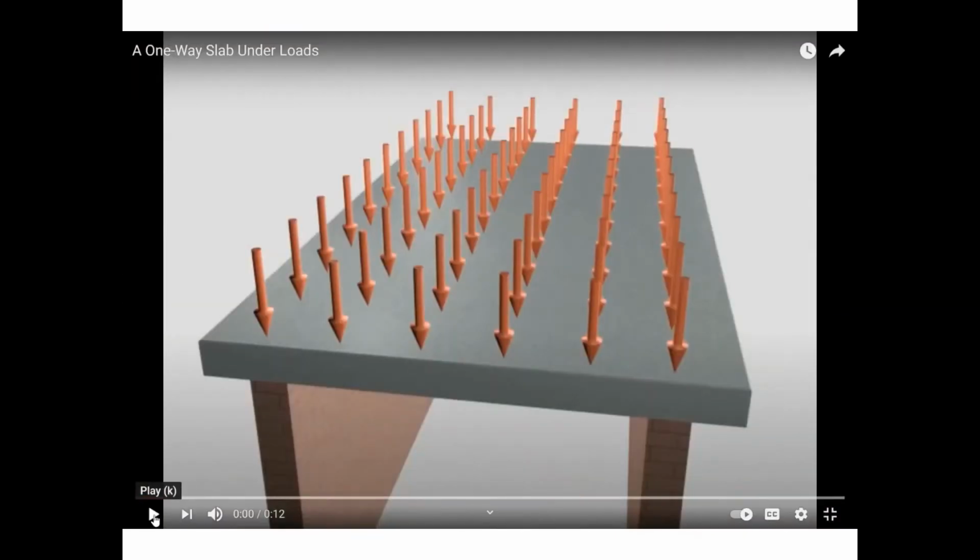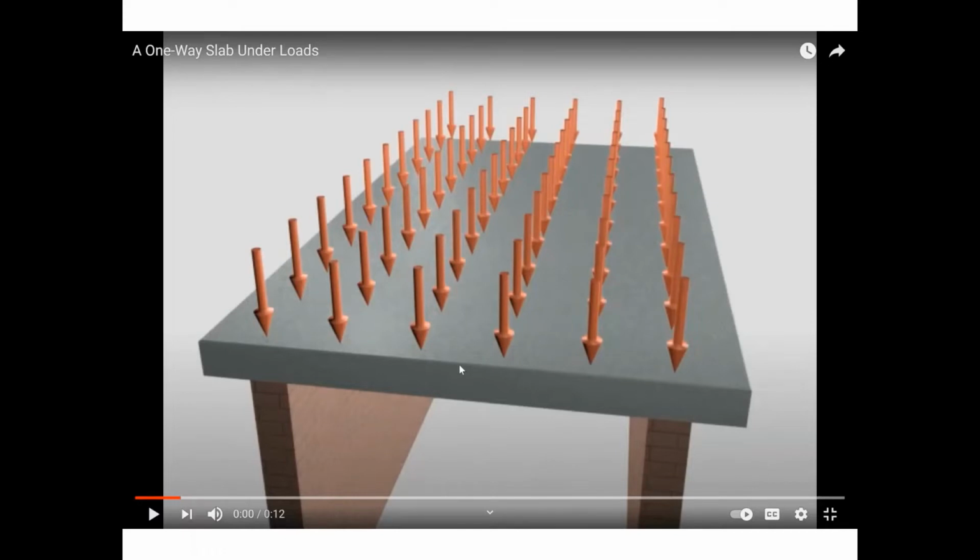So if you have a one-way slab, that means the load of this slab will move only in one direction, to your right and to your left. We have only one way to support this slab.